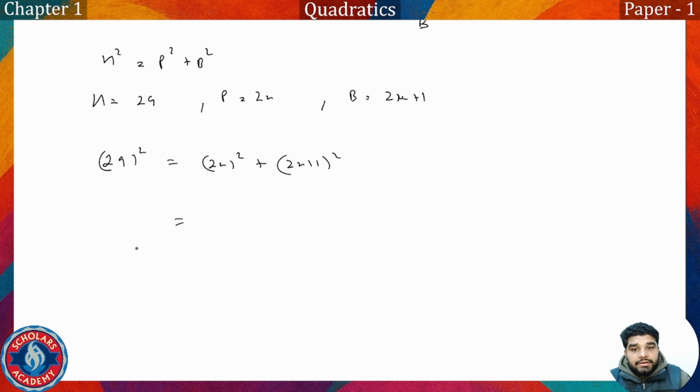What do we get over here in the right hand side? Square of 2x is 4x square plus 4x square plus 4x plus 1, right? And in the left hand side we get square of 29, and square of 29 is 841.